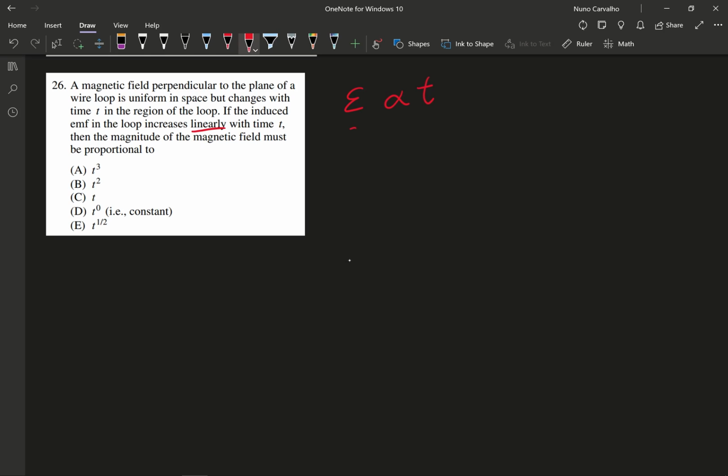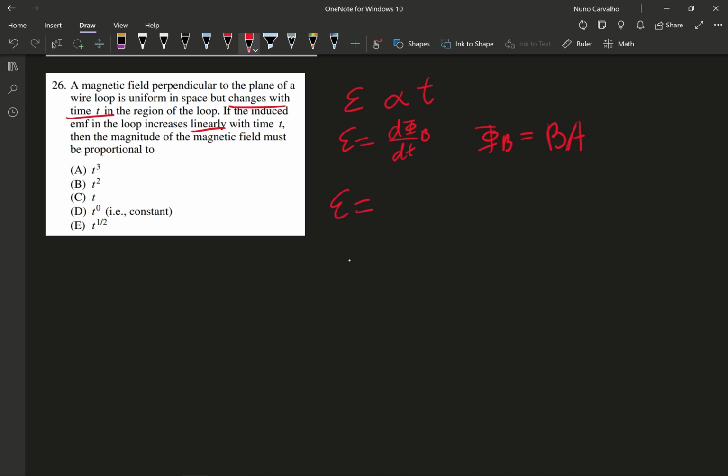If you remember, the EMF is equal to the change in the magnetic flux with respect to time, and the magnetic flux is approximately given here by BA. We're told here that the magnetic field is changing, it changes with time t.